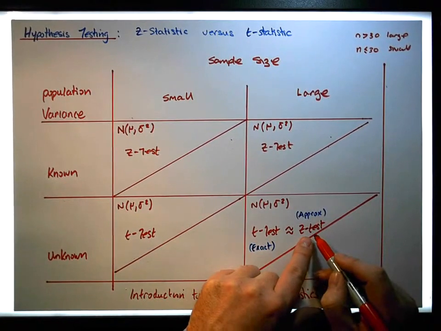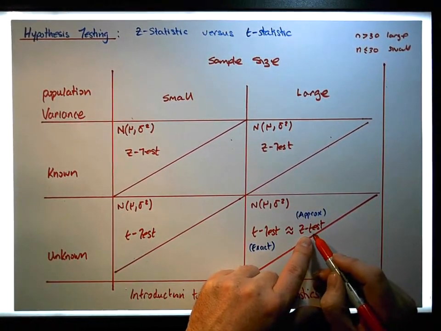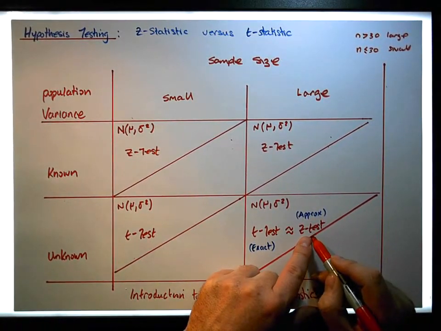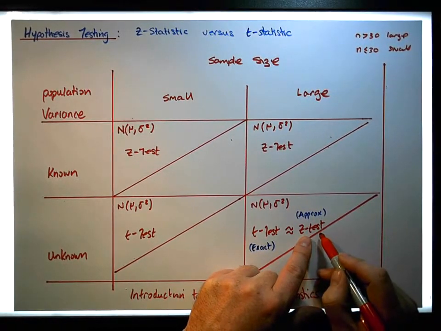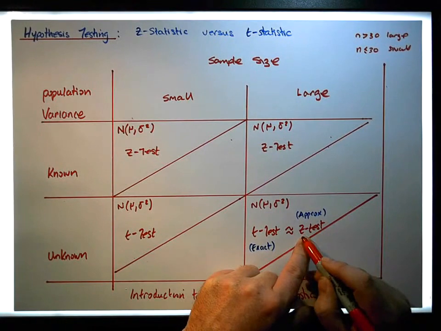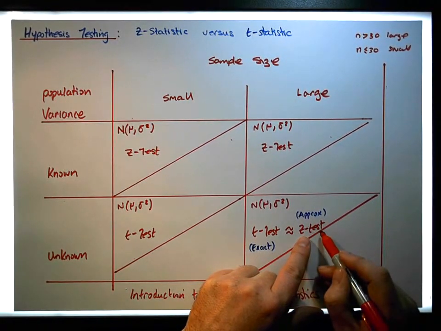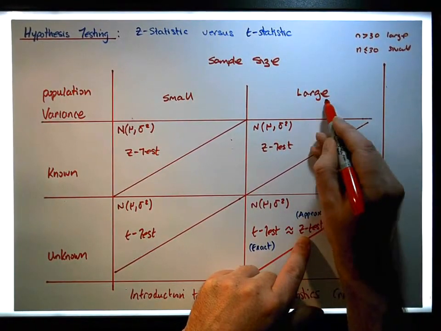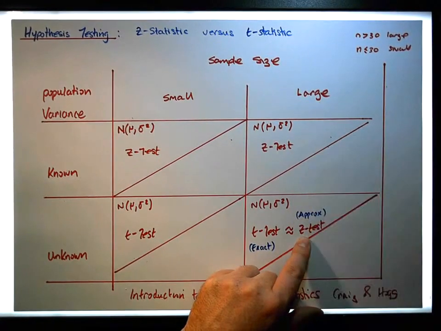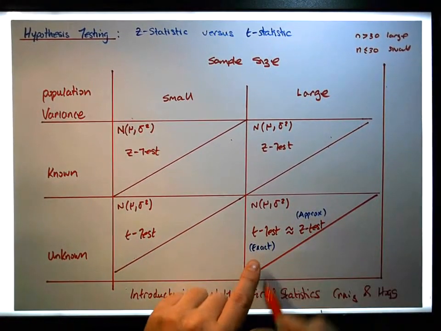Whereas the Z-statistic is associated with the Z distribution, which is one exact distribution. It's not a family of distributions, and so it's only an approximation with respect to this particular size of sample, but a more exact one will be the t-test.